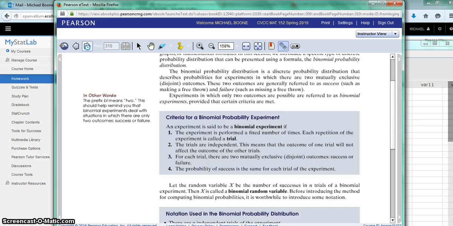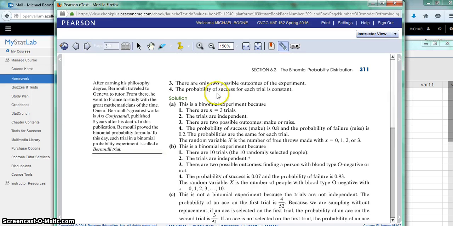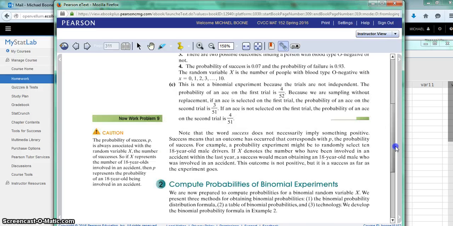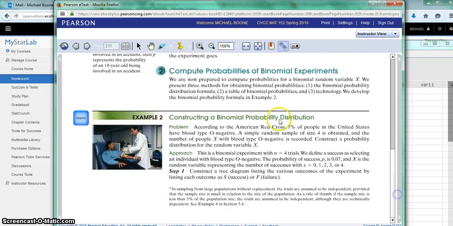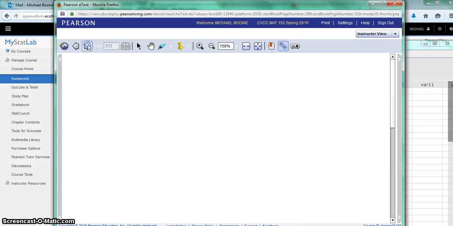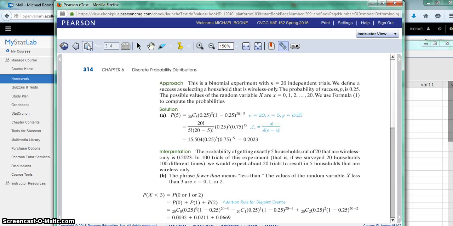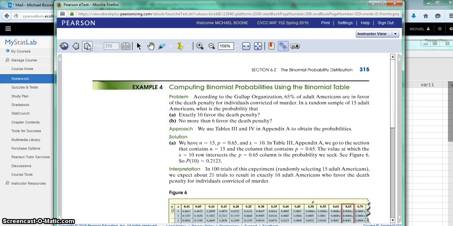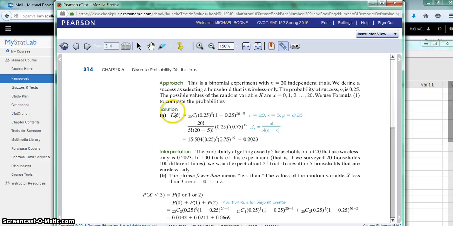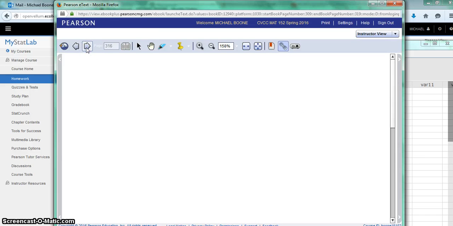One more page. Oh, this is number 14, sorry. We're getting there. Well, let's go back and look at this. Some of those calculations you would have to do to use that, what the binomial calculator does for us very nicely.